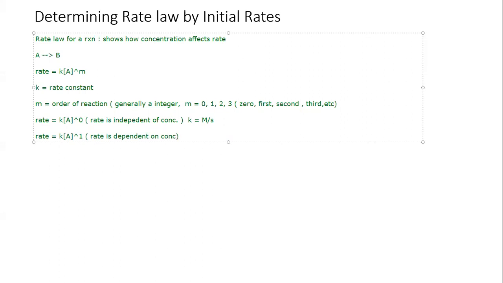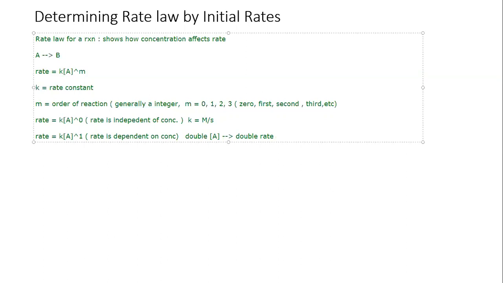This means if we double the concentration of A, this is going to lead to doubling the rate. So if we double the concentration of A, we're going to double the rate of this reaction.